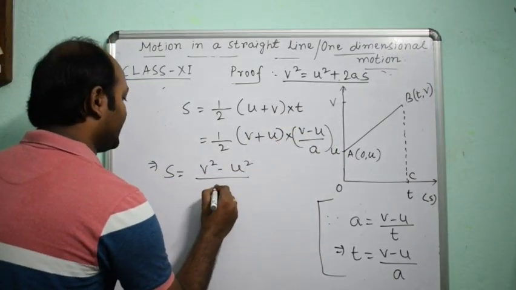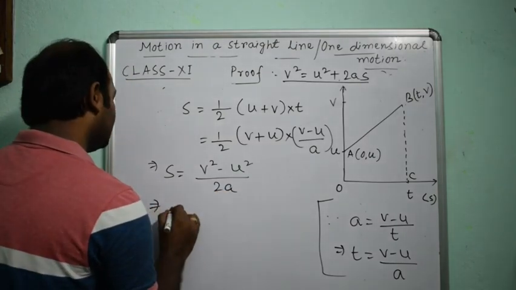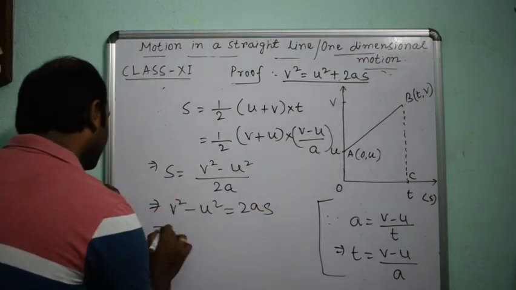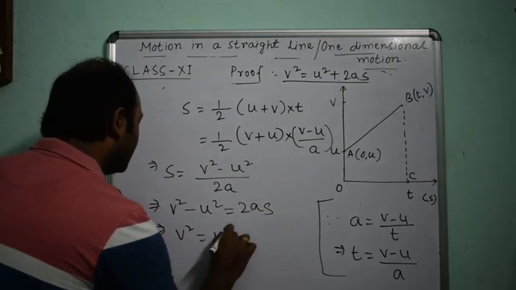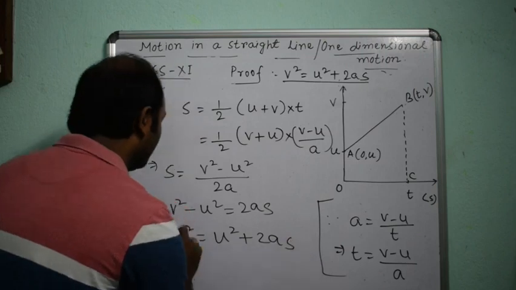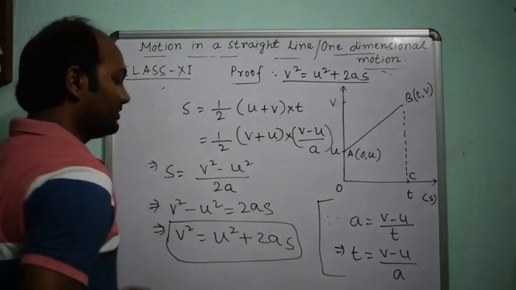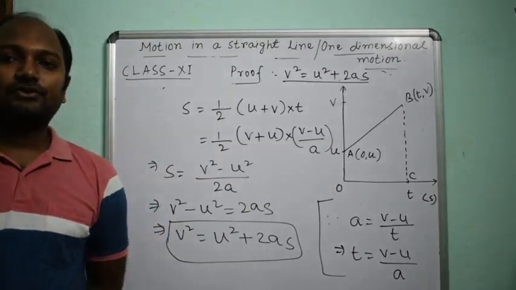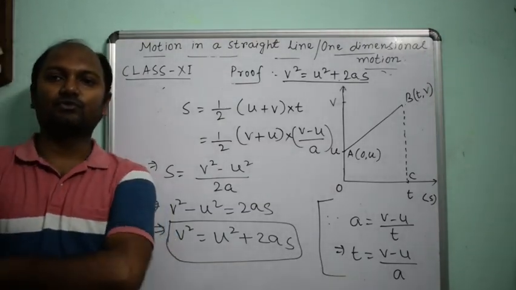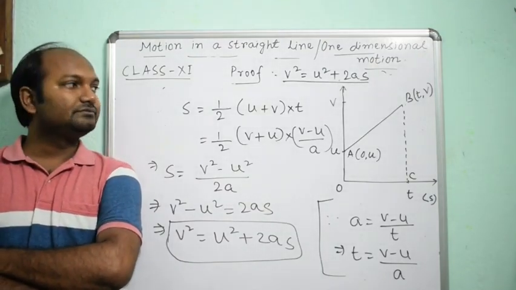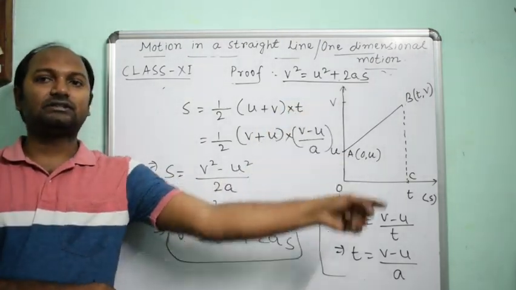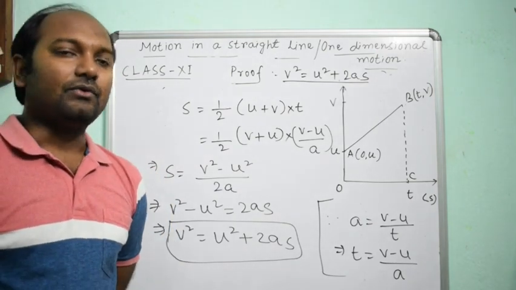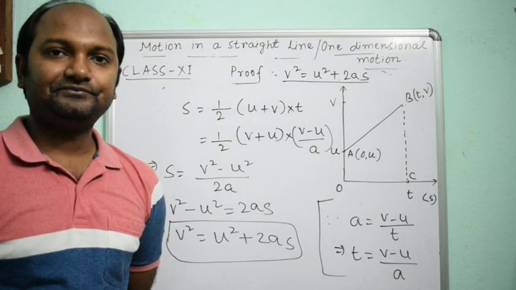After cross multiplication, v square equals u square plus 2as. So it is the third equation of motion. So we got three equations of motion from the velocity time graph. These three equations are very, very important for numericals.